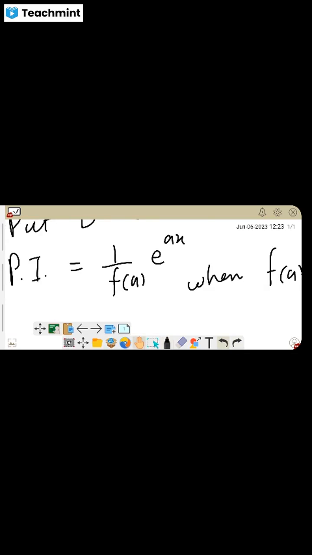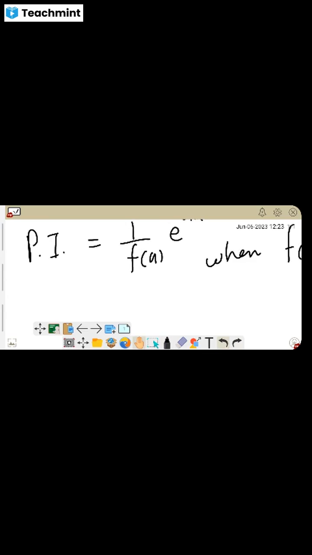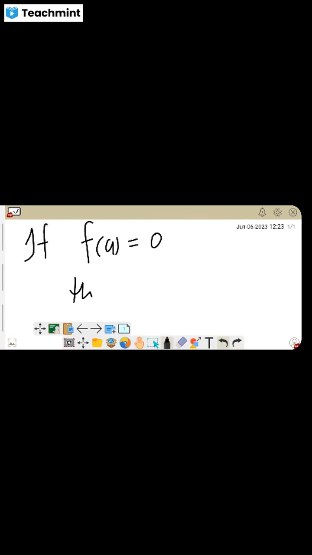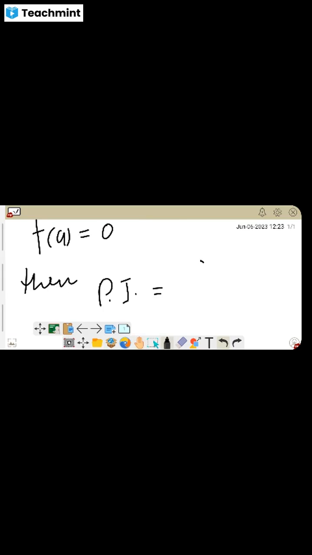And if f(a) is equal to 0, then PI is equal to 1 upon f'(D) into e to the power ax. Let us understand by using a question.